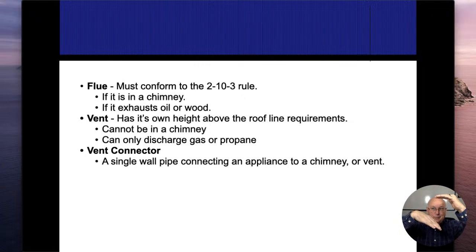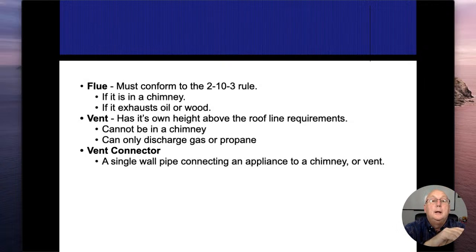So if it's like a 4/12 slow pitch and I'm almost at the top of the roof already, so there's nothing within 10 feet of it at the top line of it, I still have to be 3 feet above that roof line. If it's a real steep pitch like this and the chimney comes up this way, then whatever is 10 feet away from that, that has to be 2 feet higher than that 10-foot point.